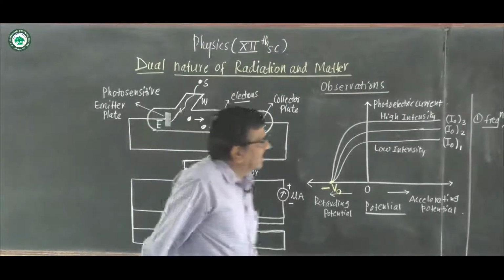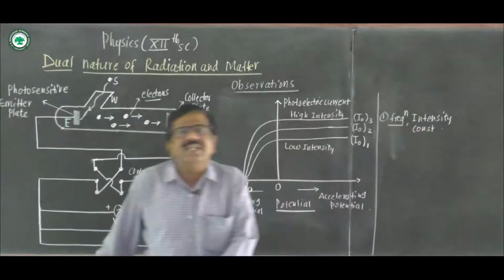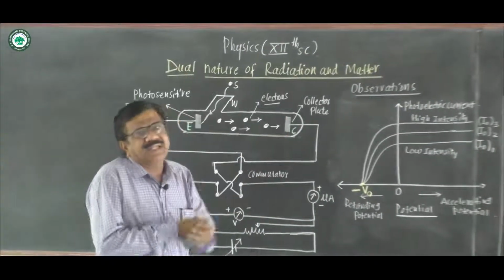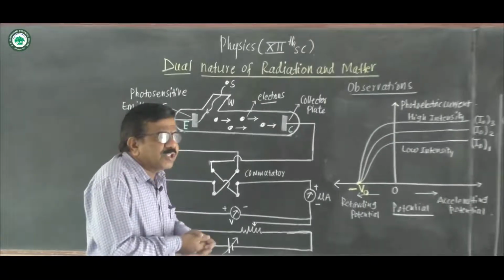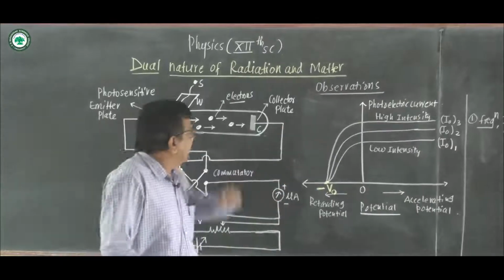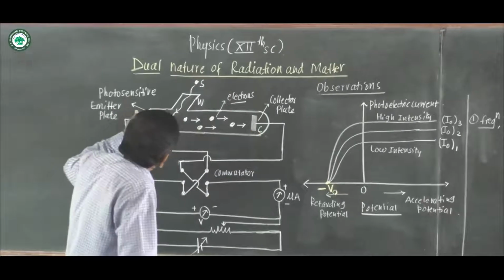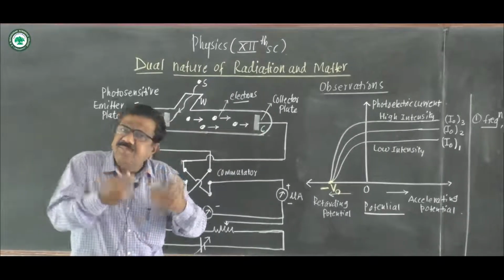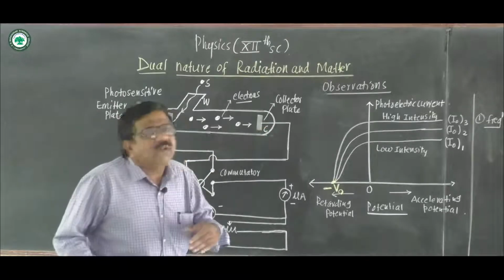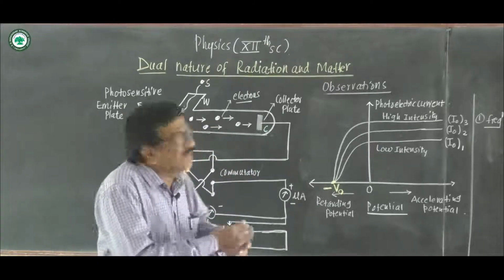See, one main thing: frequency of radiation is greater than the threshold frequency and intensity of radiation is kept constant. The positive potential given to this collector is increased, photoelectric current goes on increasing, and at a certain positive potential, all the electrons emitted by the emitter are collected by the collector and the photoelectric current reaches a constant value or maximum value.